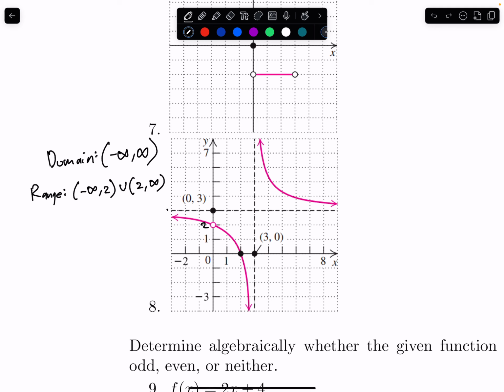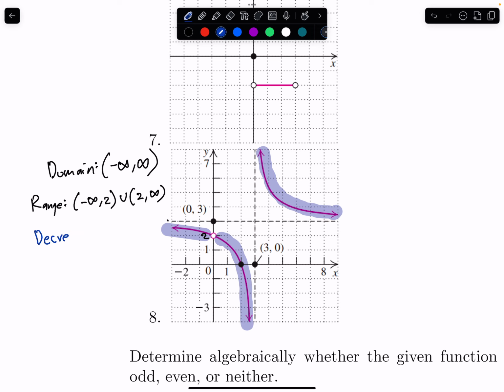So I think I did that on the right side last time, right? I'm going to do the left this time because that'll give me more space for the next part. So it's decreasing from negative infinity up until I hit this hole, right? Negative infinity up until 0. And then from 0 onwards, it starts decreasing again up until, what's this point? 3.